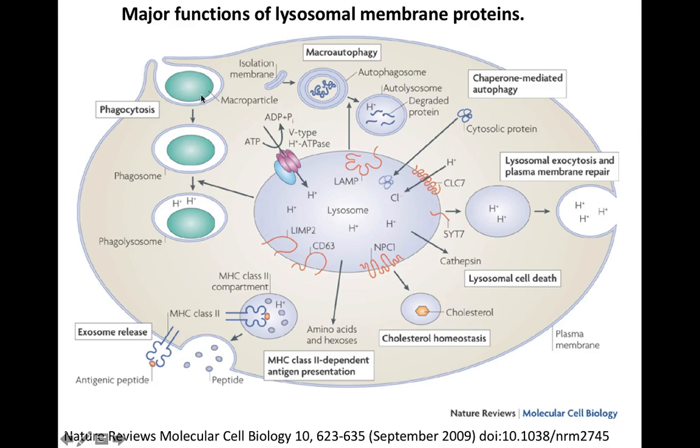When a microbe is engulfed, it is in the form of a phagosome. When a lysosome fuses with this phagosome and forms a phagolysosome, proteases inside this vesicle start degrading these pathogens into smaller peptides.